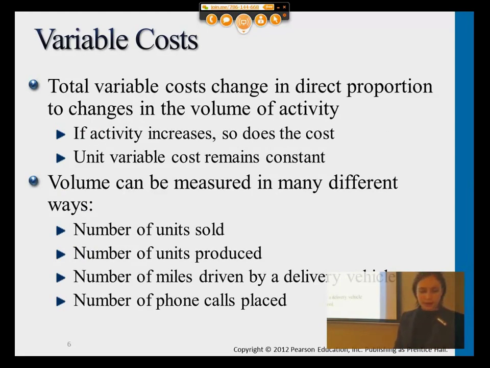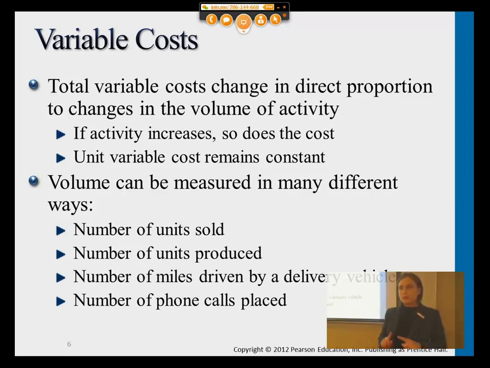Okay, so we just figured out that our variable costs are going to change with the change in volume of production or activity. Okay, let's call it activity, whatever that is. It can also include the production, but it's not limited to this. So if activity goes up, then the cost goes up, right?